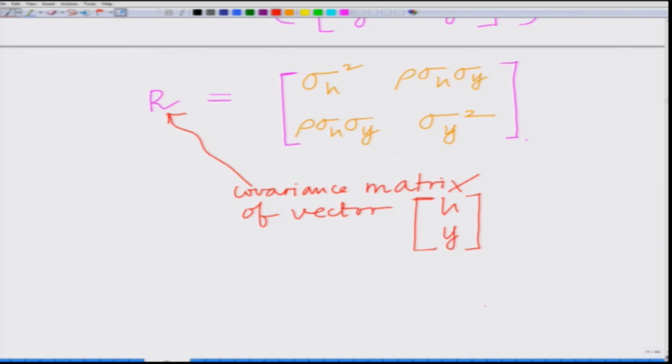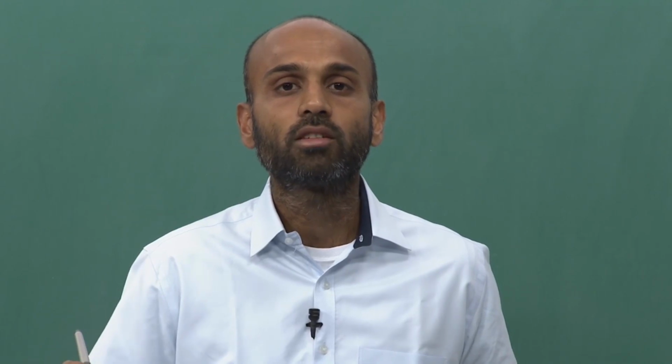So we have derived the covariance matrix of the vector [h y] in terms of the variances of h and y and also the cross covariance, that is the cross correlation between h and y.